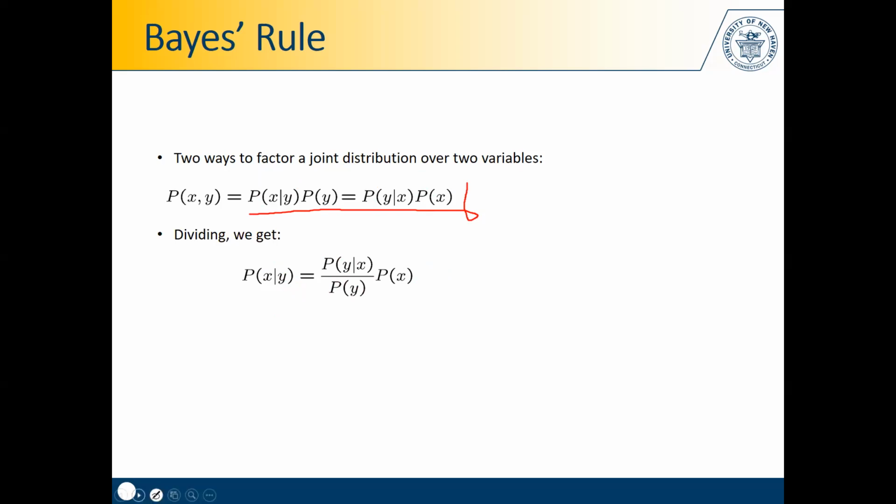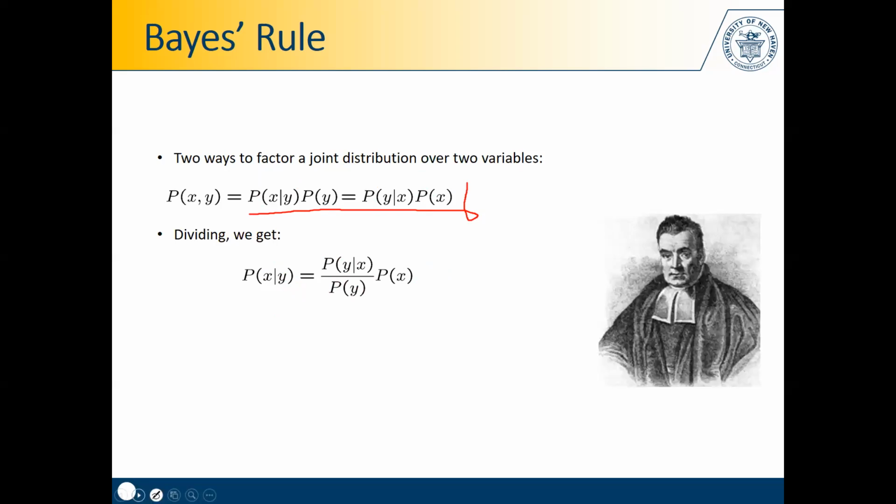All right. That's it. That's the Bayes rule. As simple as that. You can reason about x given y by looking at y given x.